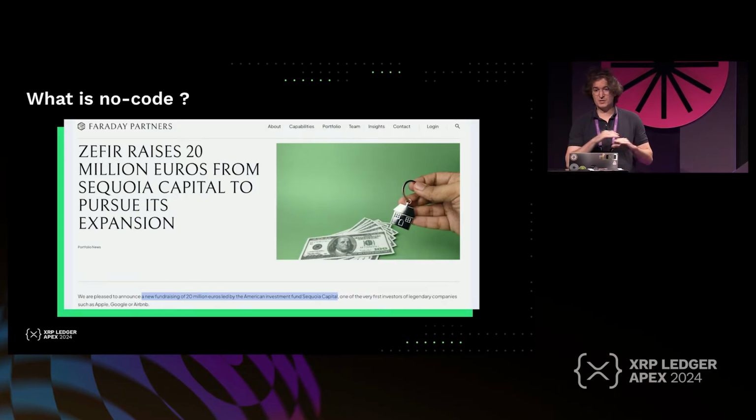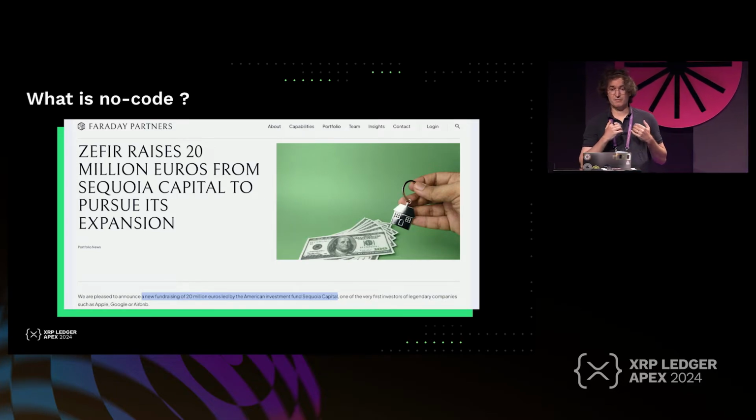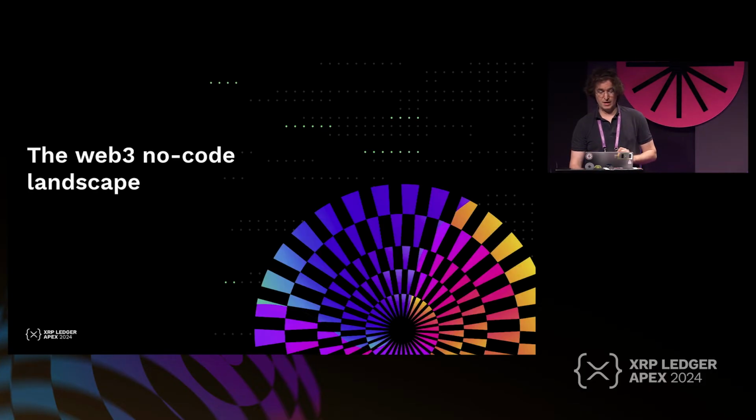So it's a simple idea, and they use Webflow, they use Airtable, they use automation. And they found the market fit, they had lots of users, lots of revenue. And in the end, when they raised 20 million with Sequoia, there was not a single line of code. So you can do quite a lot today.